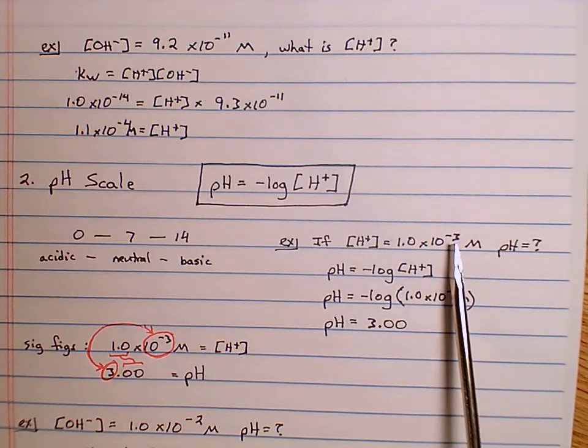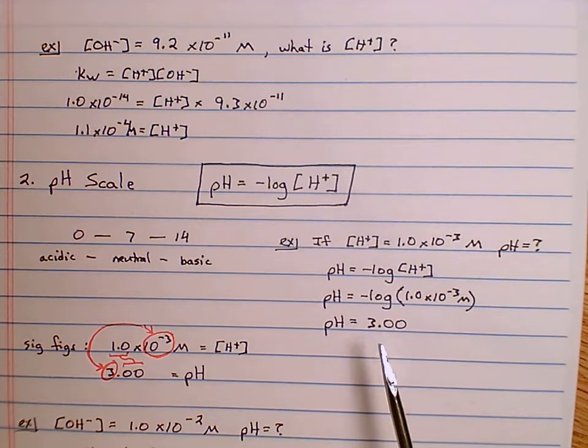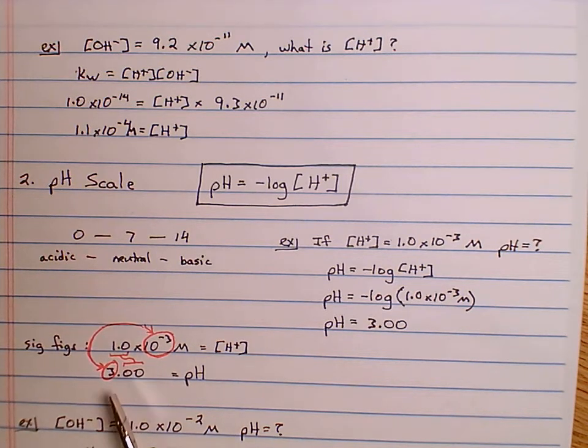The times 10 to the negative third becomes this 3. So this 3 is not part of the significant figures since it comes from the negative third. The 1.0 gives us the numbers after the decimal place. So if you're saying what's the pH of the solution and you're worried about sig figs, however many sig figs you have here, that's how many digits after the decimal place you have in the pH.